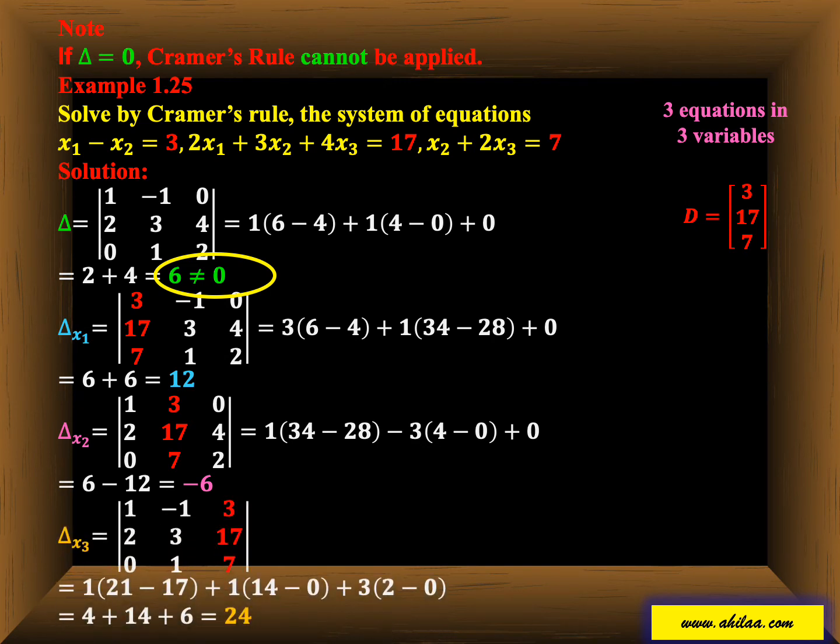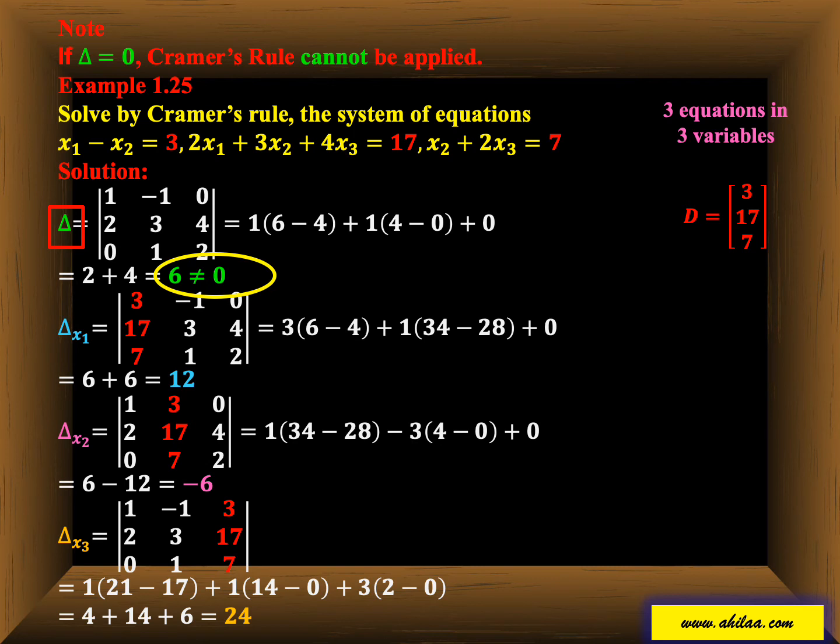Next delta x3, replace the third column by 3, 17, 7. We are getting the value as 24. I hope you are all expert in determinant expansion. So we are getting delta x1, delta x2, delta x3, all the values.